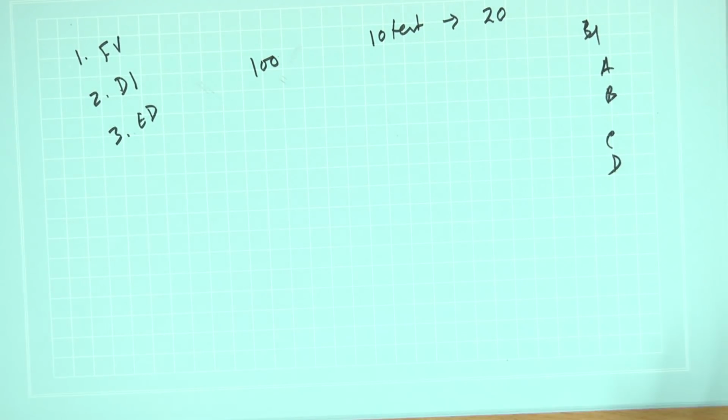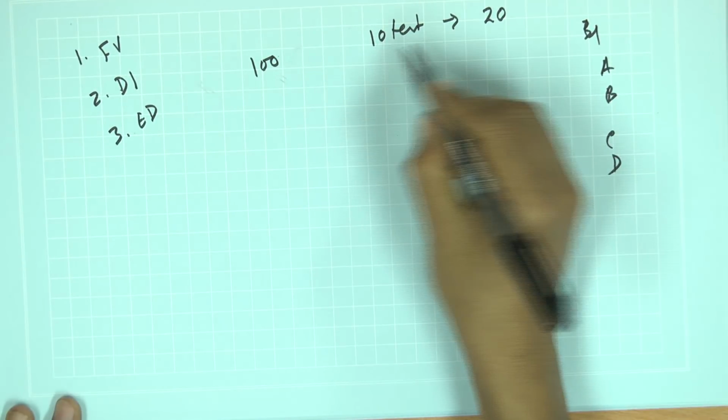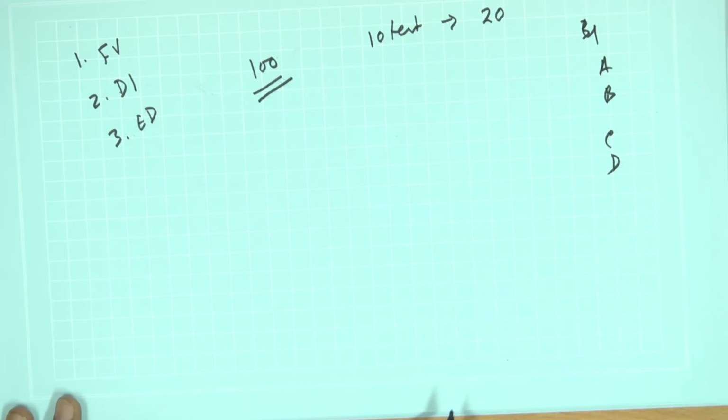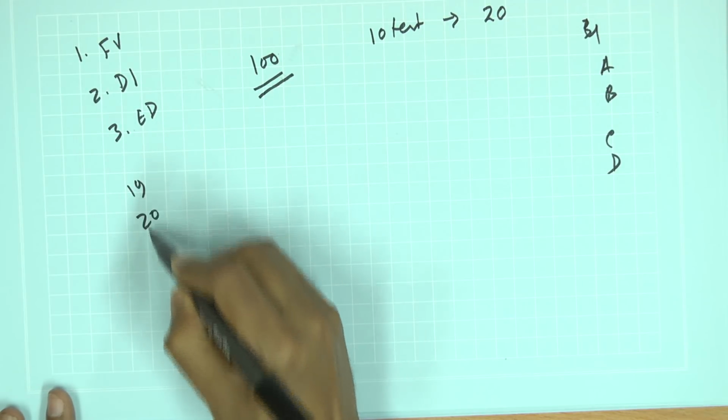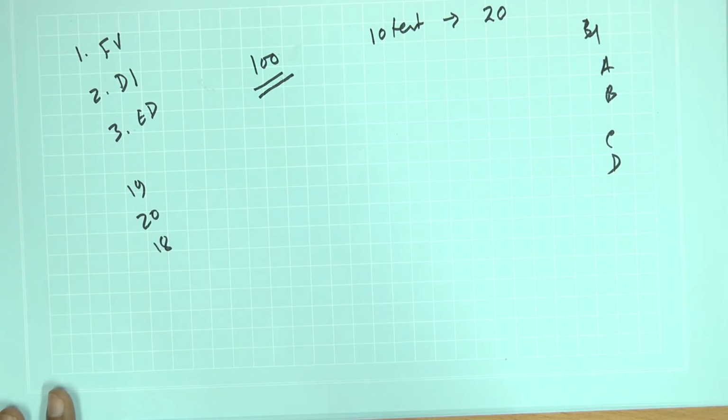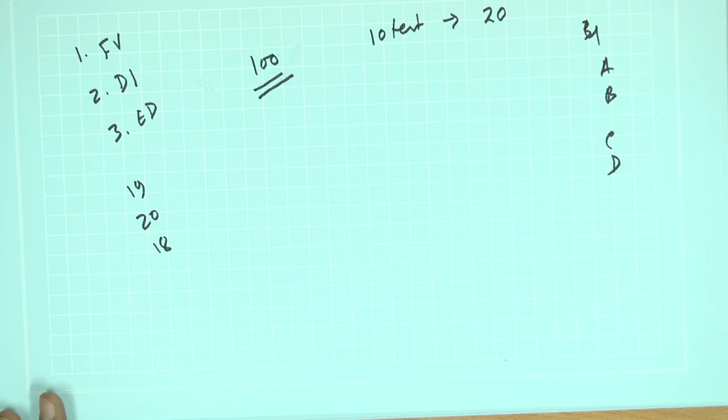After taking the test, out of these 100 students, they got different marks. Somebody got 19, somebody got 20, somebody got 18. So different people have different marks.